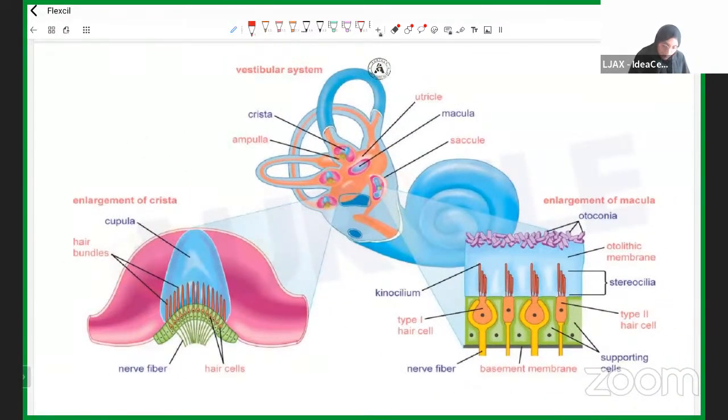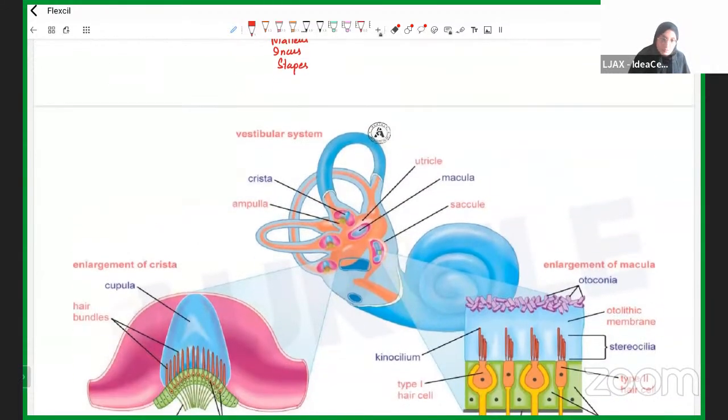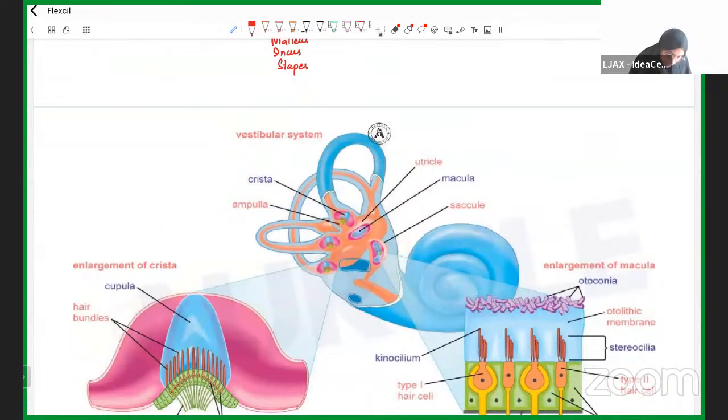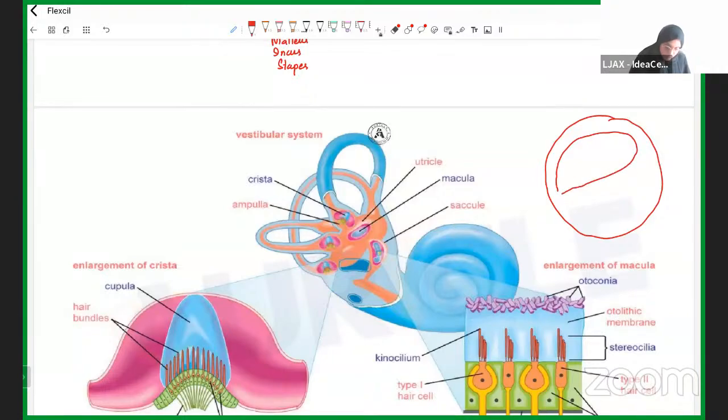When you cut open the cochlea, there are cochlear cells. We learned this in the first class. The cochlea is divided into 3 compartments: scala vestibuli, scala media, and scala tympani.